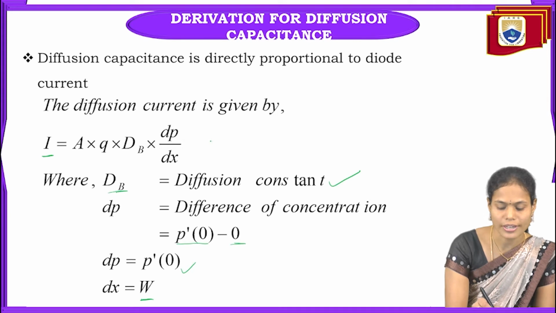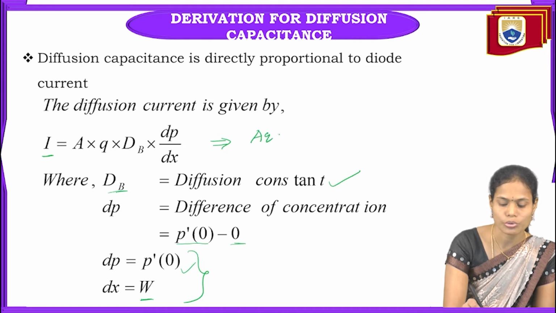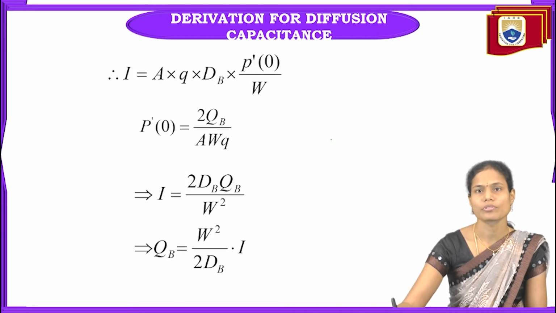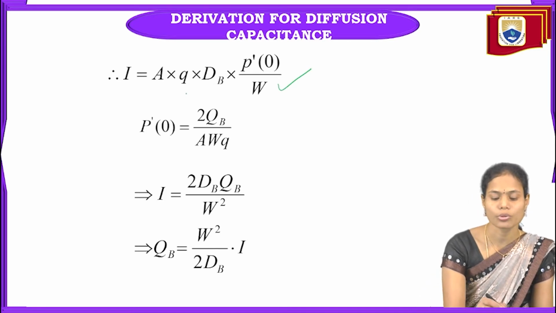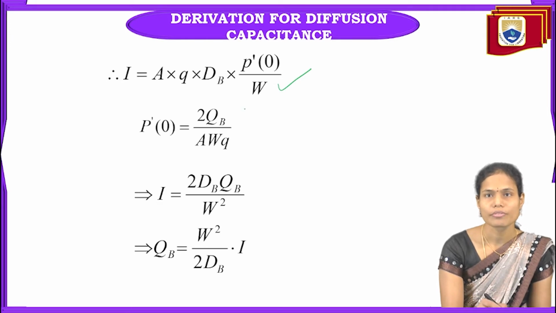So here we can write this equation, after substituting these two values, as I equal to AQ dB into P dash of 0 by W. From this we can write again P dash of 0 equal to 2QB by AWQ.